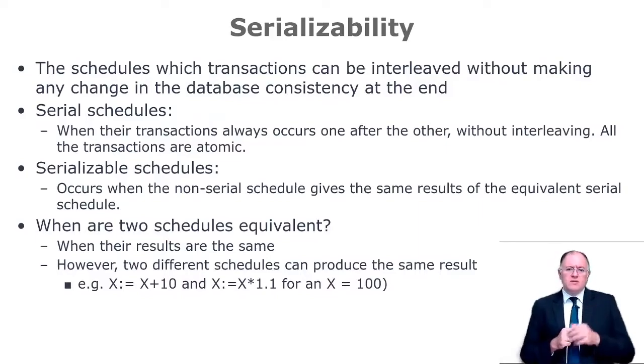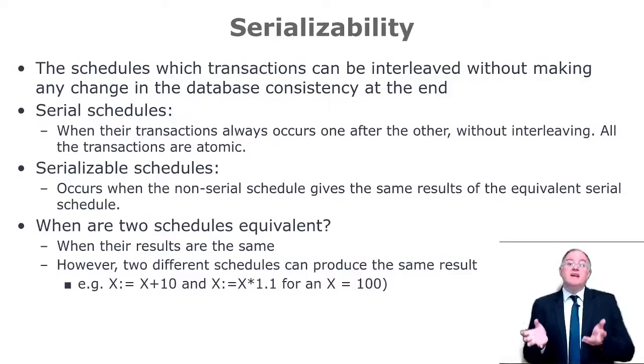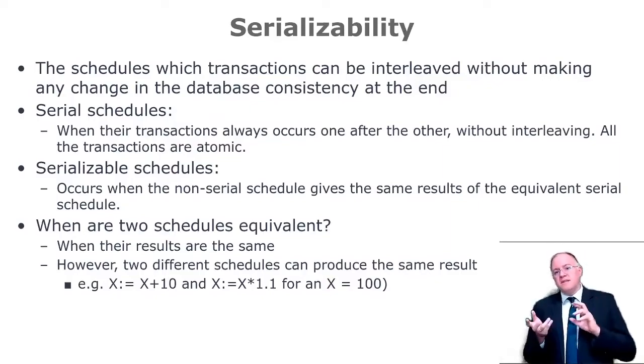A schedule is called a serial schedule when all transactions occur one after another, without being interleaved. It's a serial execution of the transactions. This is desirable, but it's not effective in terms of using resources. So some schedules must be built considering the possibility of ending with the same results as a serial schedule.